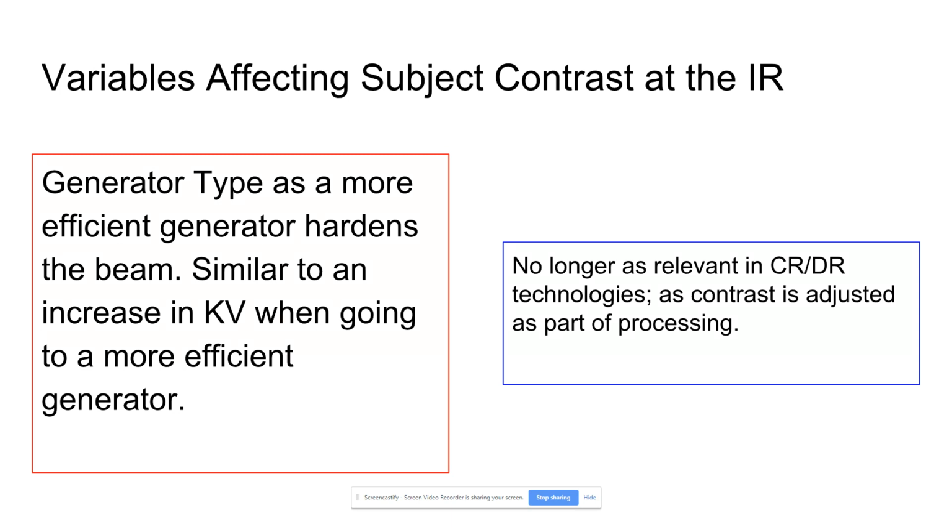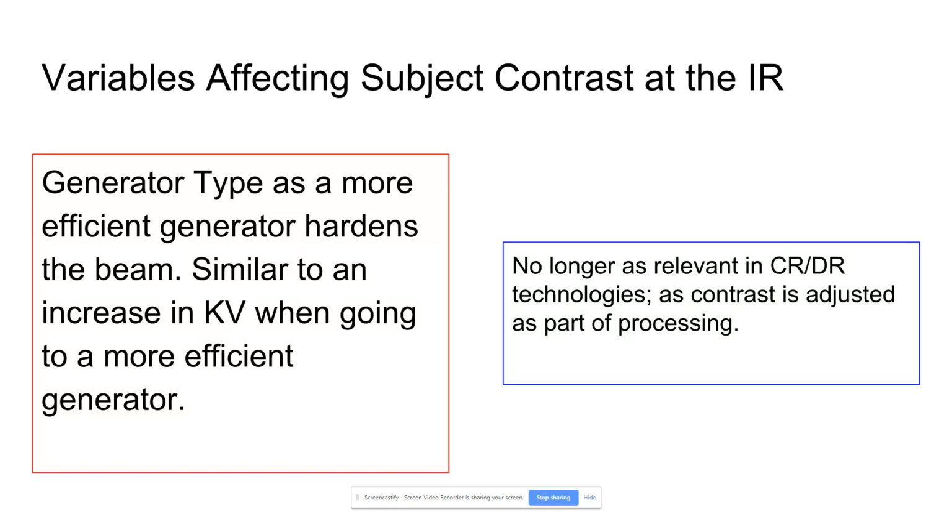A higher kV is going to reduce contrast. Thus, in a way, a more efficient generator could lead to a small reduction in contrast. But digital imaging is really good at fixing contrast, provided that you have at least enough kV.